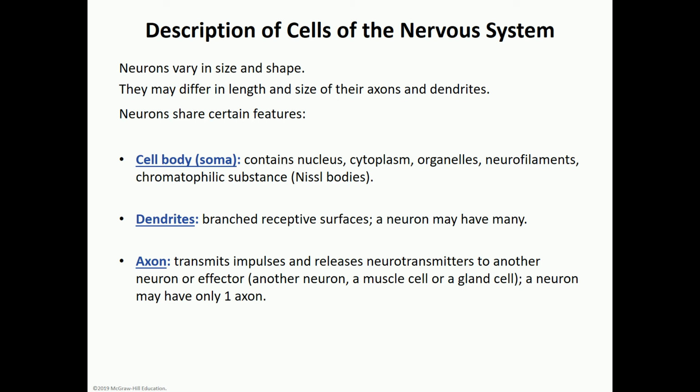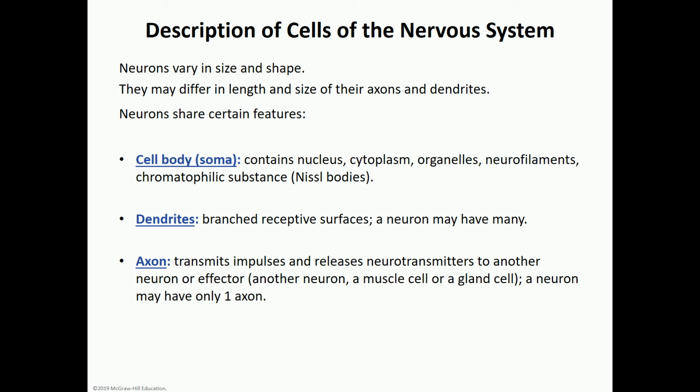Now, dendrites, these are the branches that receive information. Okay, these are your receiving ends, and they take whatever info to the cell body. Cell bodies can have more than one dendrite. They usually do, actually. They're usually branched out.